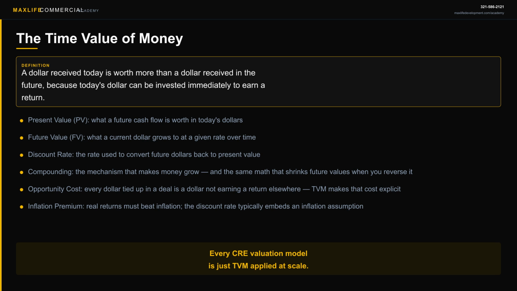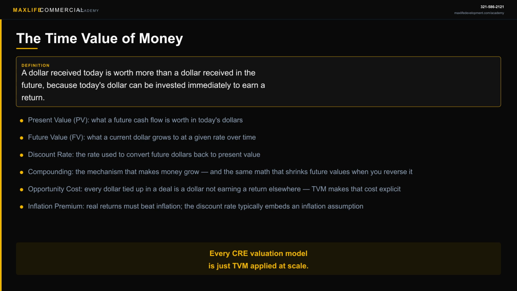When we talk about present value, we're asking, what is a future cash flow actually worth right now, given a specific discount rate? When we talk about future value, we're asking the reverse. If I invest today's dollars at a known rate, what do I end up with? The discount rate is the critical input.